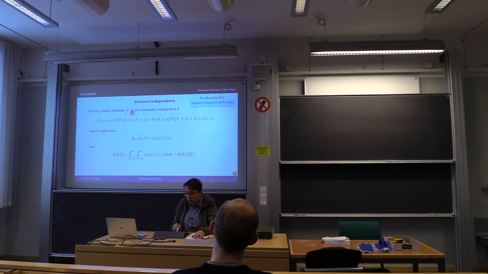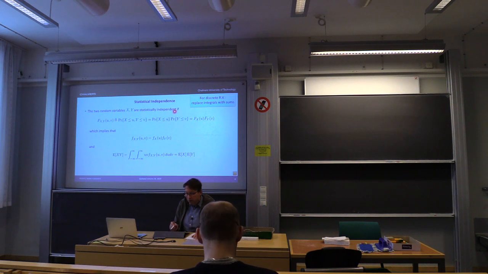Independence: if we have two random variables x and y, we say that they are statistically independent if the joint CDF follows this property here. So the joint CDF of x and y evaluated at u and v, what is that? Well, by definition, it's the probability of the joint event that x is less than u and y is less than v.